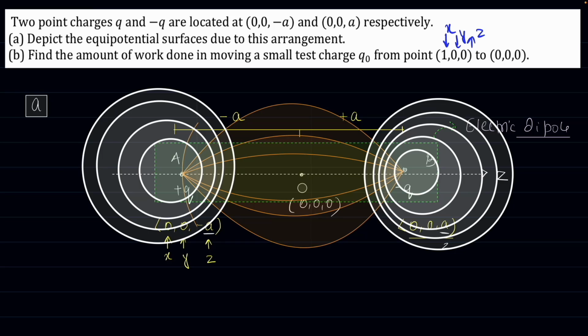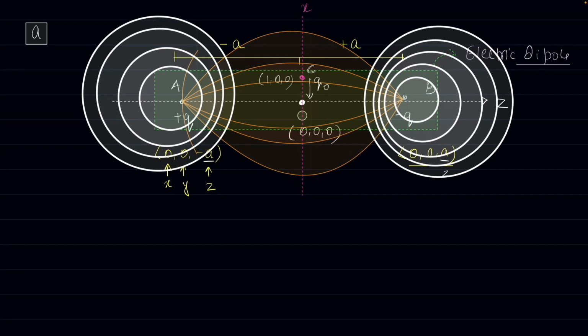Here, this is the center, this is the x-axis and somewhere here is the test charge Q0, and its coordinate is (1, 0, 0). We have to find how much work we have to do when we move it from the point C to the point O.